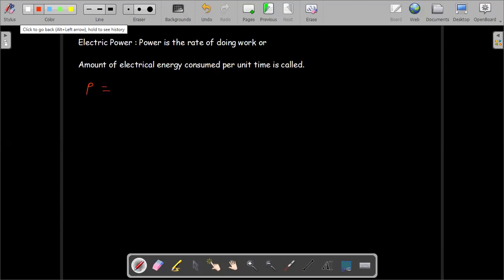We have written power to be work over time, or electrical energy consumed per unit time, or energy consumed divided by time.